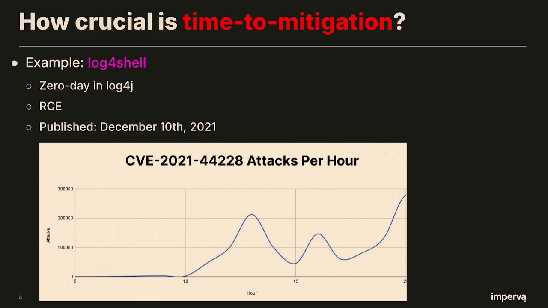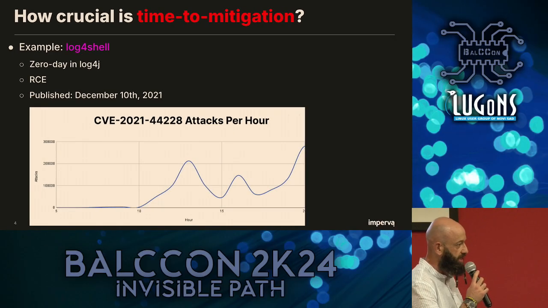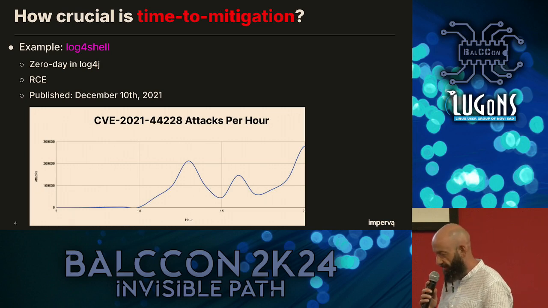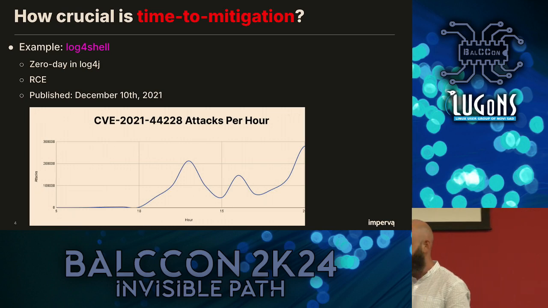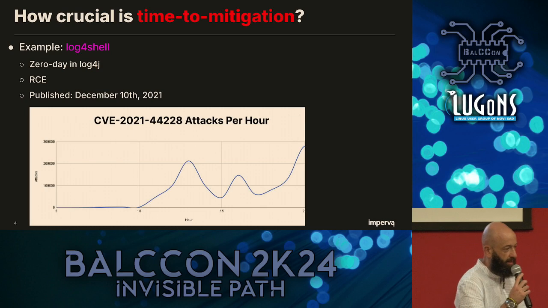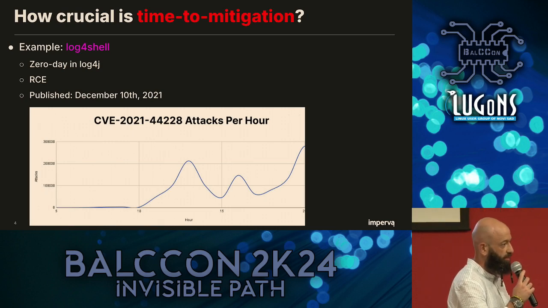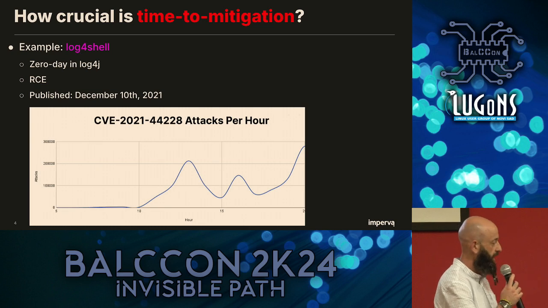And if you think that it's only because this vulnerability was so widely known, I can tell you that in many, many cases, even for vulnerabilities you never heard of, we see very similar graphs. Of course, the number of attacks varies, but as soon as something like that is published, the number of attacks rises.